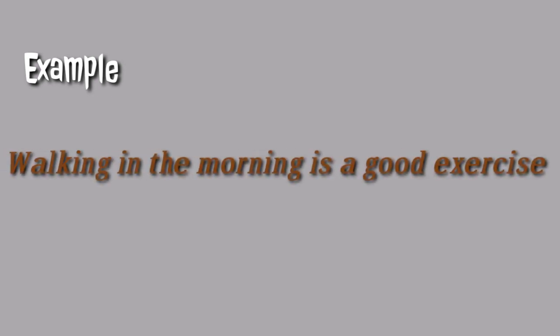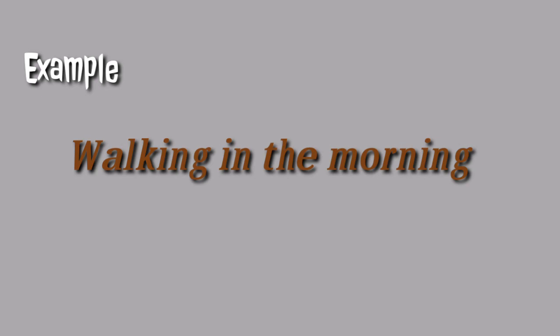Here is an example. Walking in the morning is a good exercise. Here there are two phrases as a subject and an object. Walking in the morning is the subject of the sentence. This is a noun phrase.